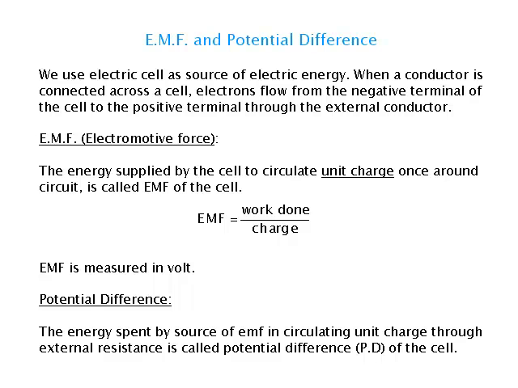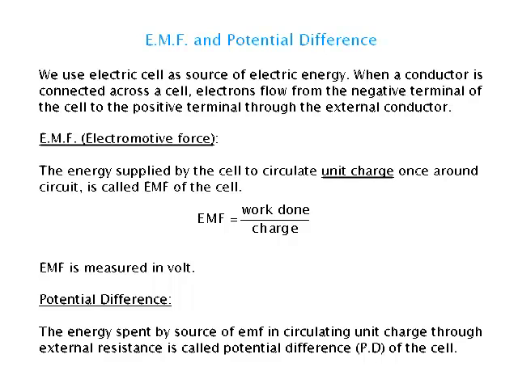The energy supplied by the cell to circulate unit charge once around the circuit is called EMF of the cell. EMF equal to work done upon charge. EMF is measured in volt. Potential difference. The energy spent by source of EMF in circulating unit charge through external resistance is called potential difference of the cell.